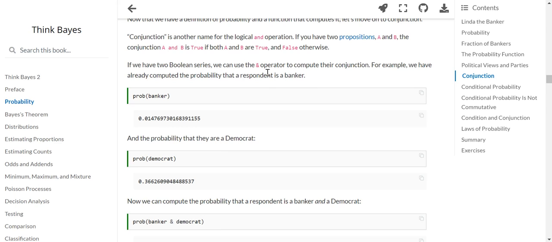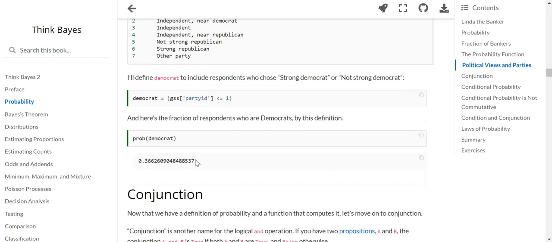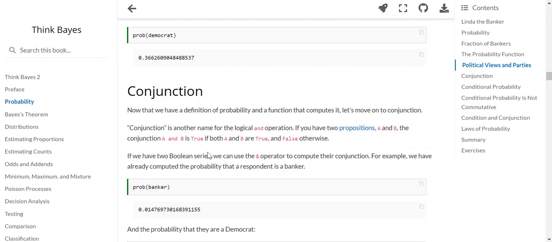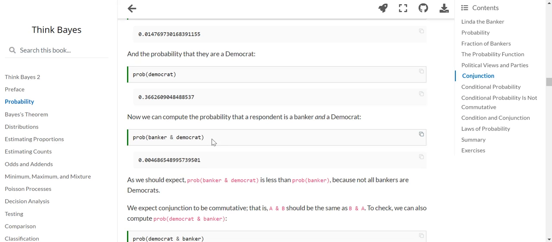If we have two Boolean series, we can use the AND operator to compute the conjunction. For example, we have already computed the probability that a respondent is a banker and the probability that they are a Democrat, using the party ID metric. If we compute the probability that he's a banker and a Democrat, we should expect that it is less than the probability of banker, because not all bankers are Democrats.